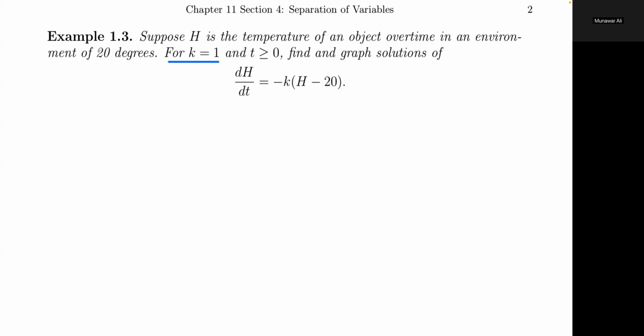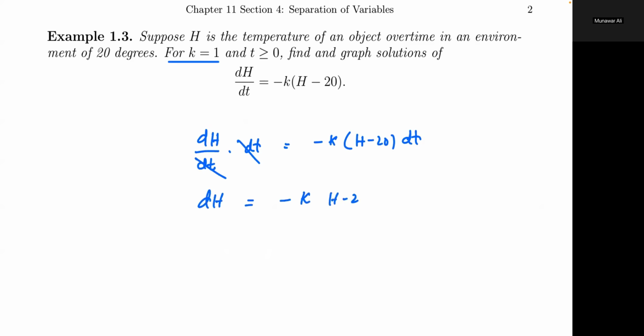So I'm going to do this. Or if you don't do it, it's all okay. So let's multiply dt on both sides to get this: negative k h minus 20 dt.